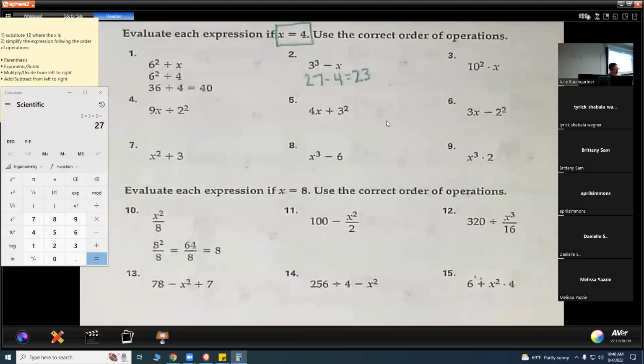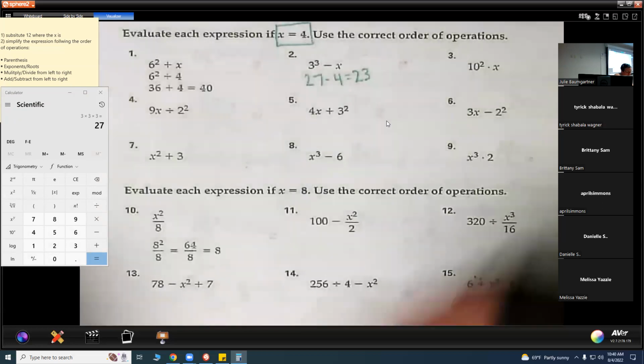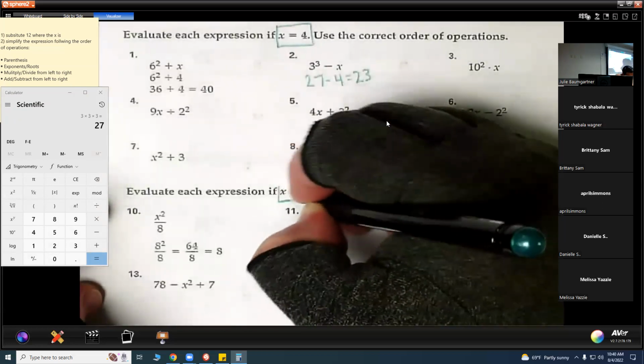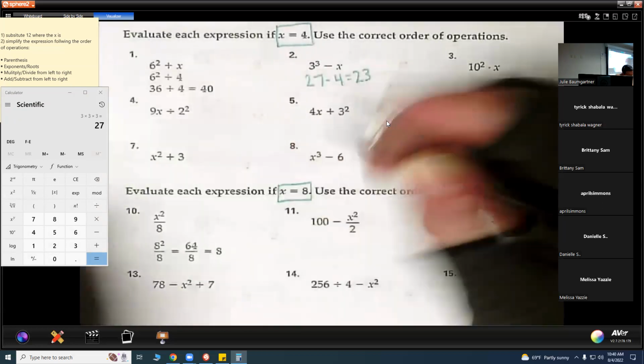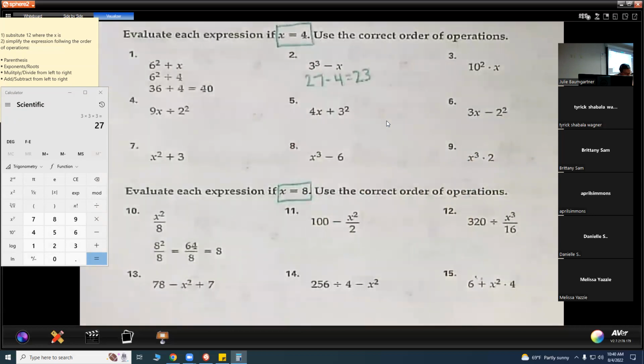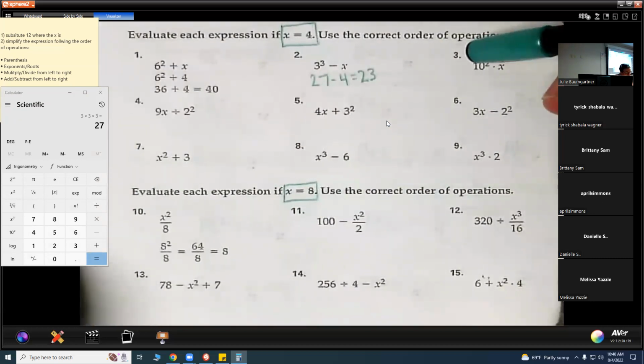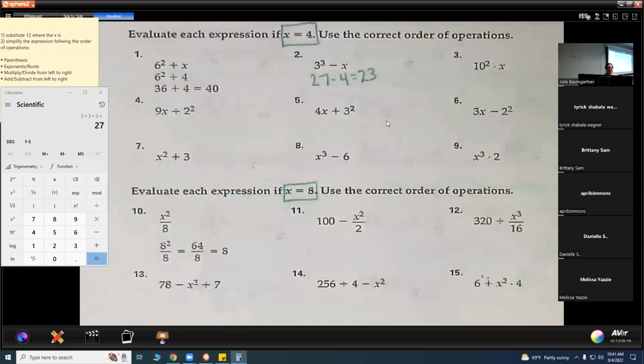Okay, and then go ahead and work on 1 through 9, and then hopefully 10 through 18 will also make sense, okay? But go ahead and work on these ones, see how they go. They should be the same. Just remember, deal with your exponent, deal with your multiplying, then do adding and subtracting.